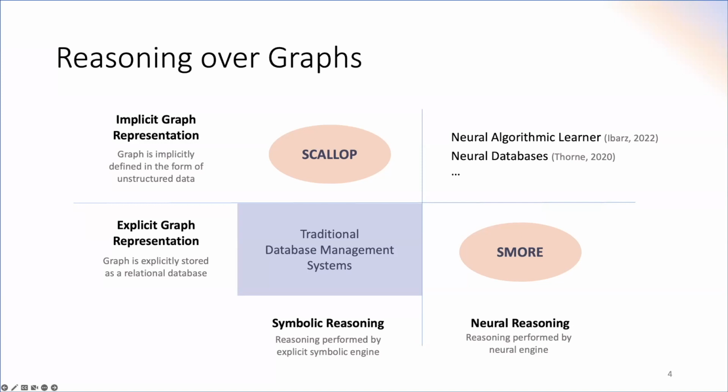On the horizontal axis, we discuss two paradigms of reasoning. First, symbolic reasoning really covers explicitly manipulating discrete symbols such as integers, Boolean variables, and strings. Usually the data used for symbolic reasoning is structured, and that's why we have traditional database management systems.